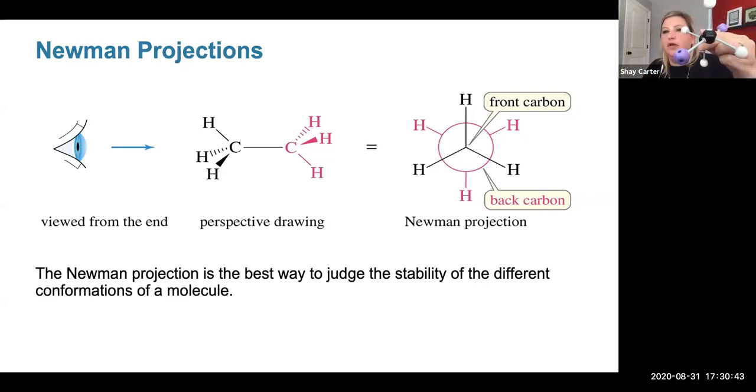What we're looking at here is 3 hydrogens, 1 going up and 2 going down to the side. And in the back, we have 2 coming up and 1 going down.